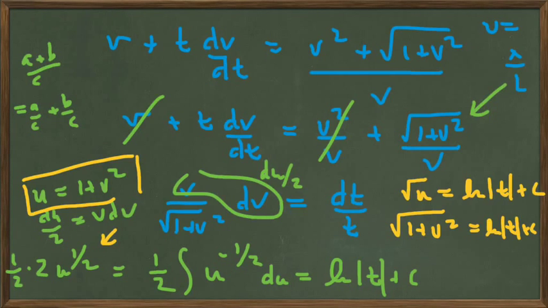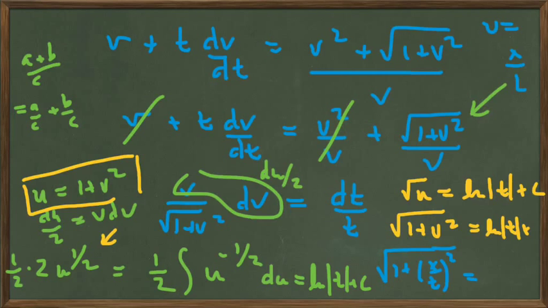And then the final step is to write that, v was x over t, and so that is the square root of 1 plus (x over t) quantity squared equals ln t plus c. So here is our solution in terms of the original variables x and t.